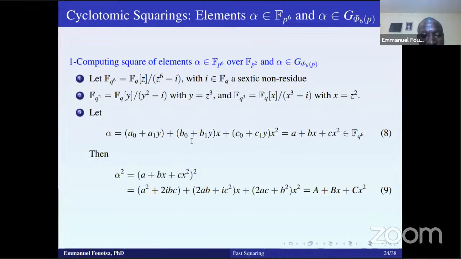So if we square this formula 8 in the standard manner, what do we have? We square this, we obtain relation 9.